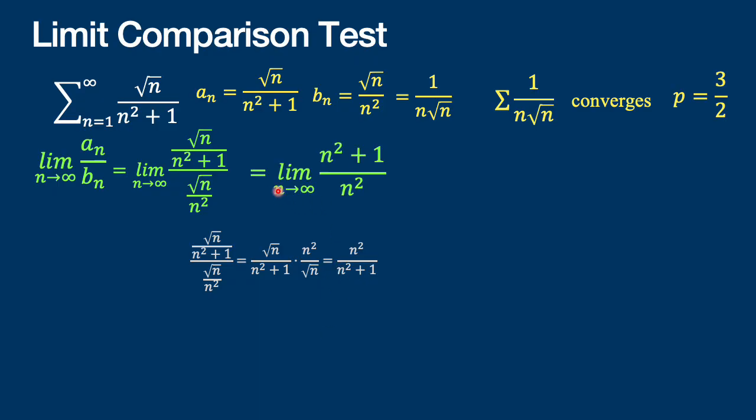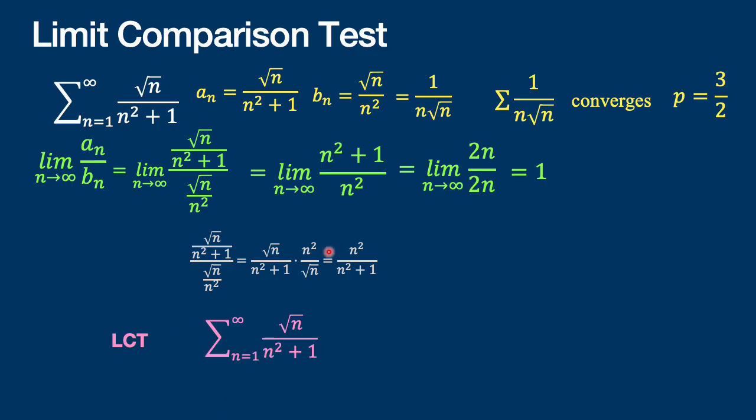We want to find the limit of this, infinity over infinity, so you can use L'Hopital's rule. The derivative of n squared plus 1 is 2n, and the derivative of n squared is 2n. You can see the cancellation, so the limit is going to be 1. So now, the limit comparison test: the series of b_n converges because the p-value is 3/2, which is greater than 1. Of course, this series is going to converge.